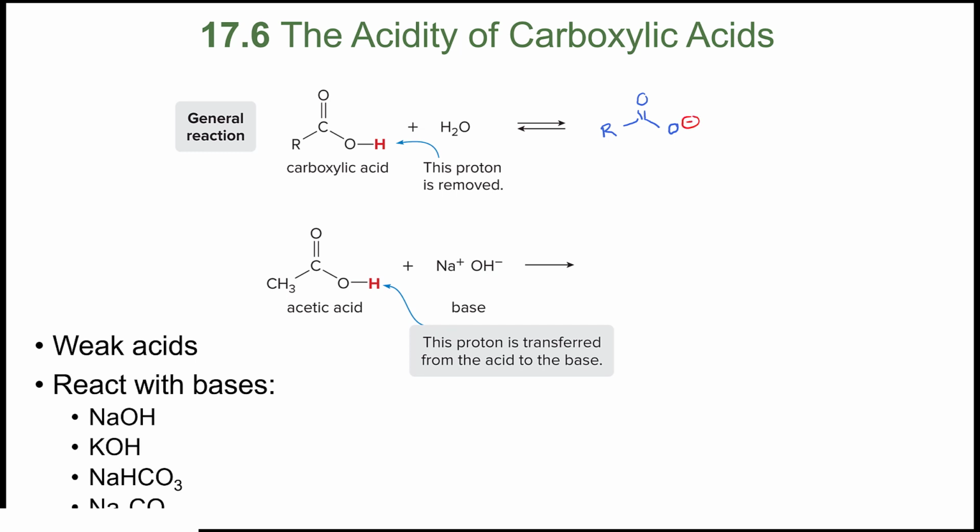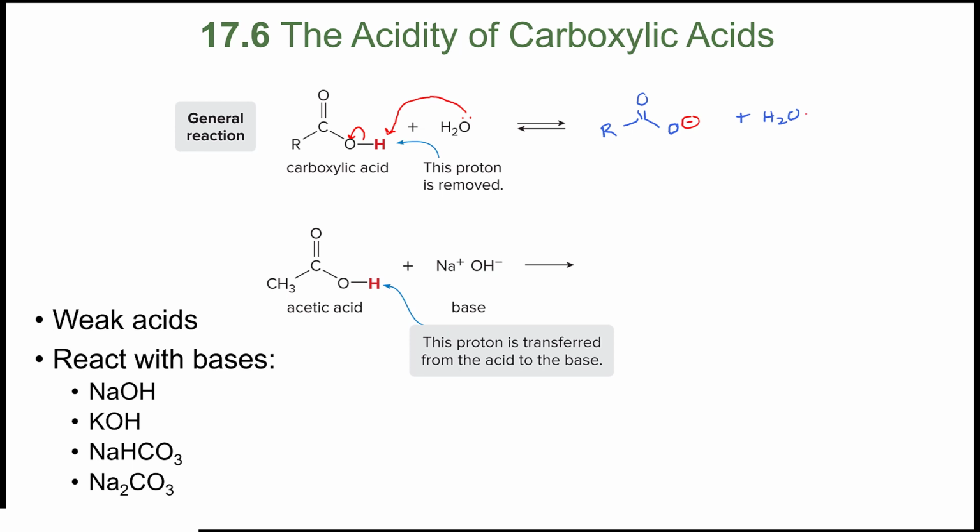So you may have water present, and the water is going to go fishing for this hydrogen, and these electrons go on to the oxygen, which gives the minus here, so we get H2O plus the extra proton that we picked up. So this is a general acid-base reaction. The carboxylic acid is acting as the acid, while water is acting as the base, which picks up the proton.